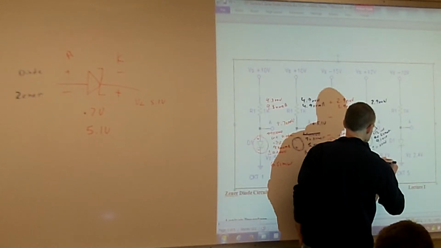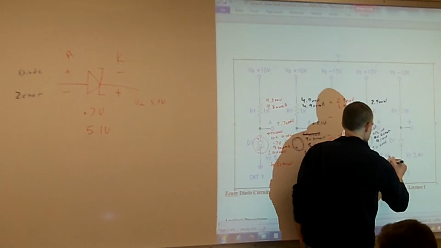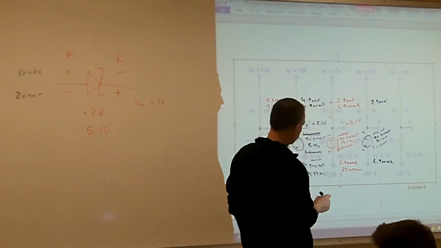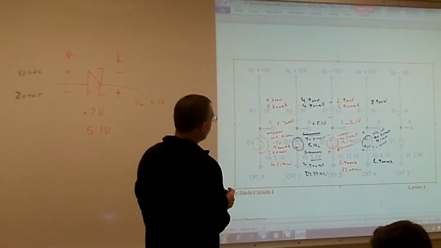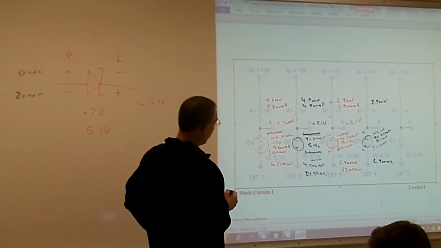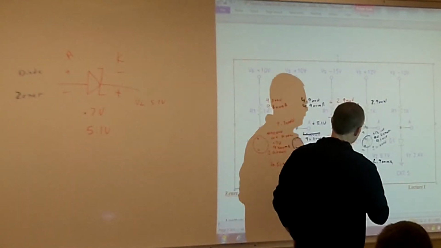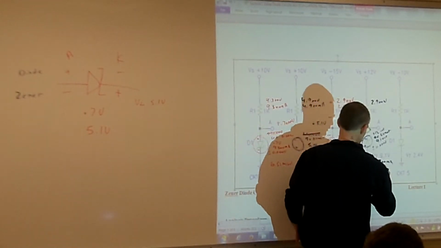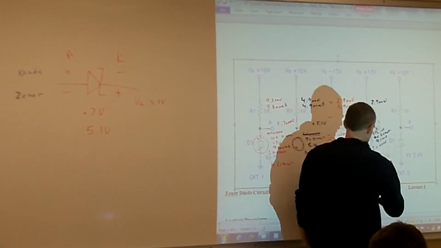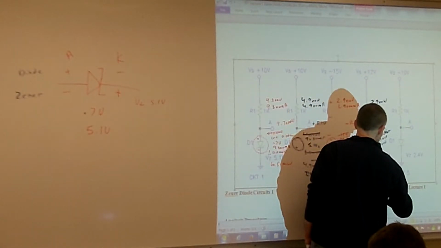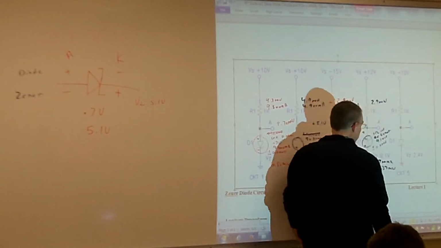Whatever the current is that we calculate out through the resistor, it's going to be the current going through the diode. And my power is going to be what? 26.39 milliwatts.